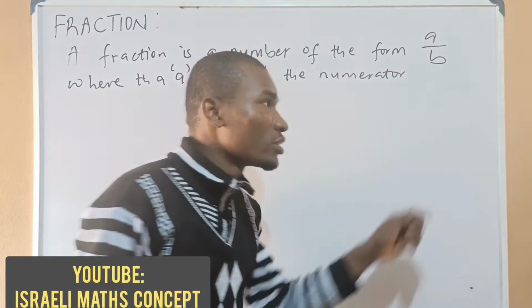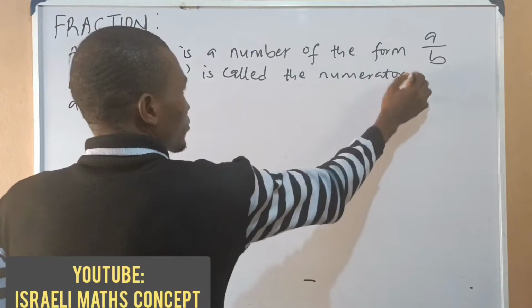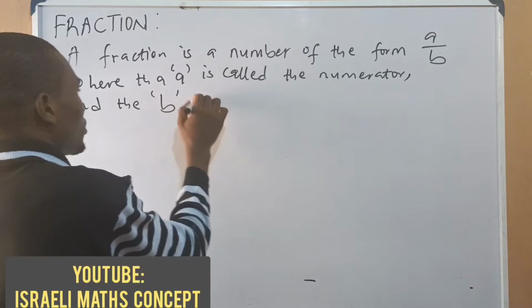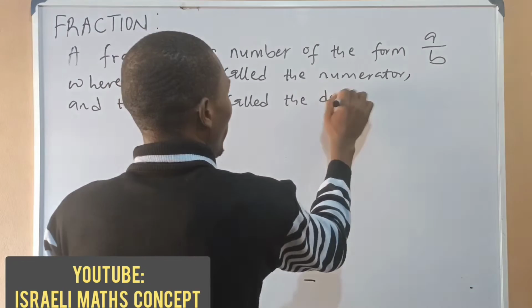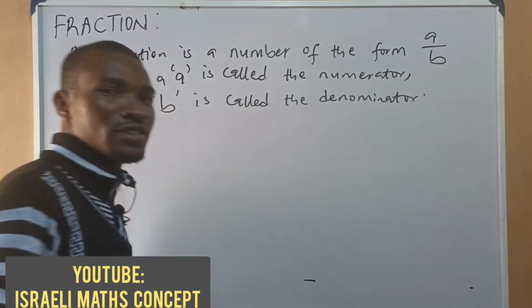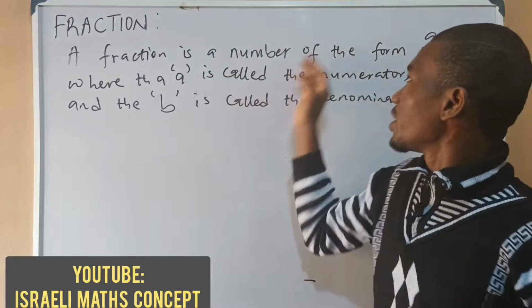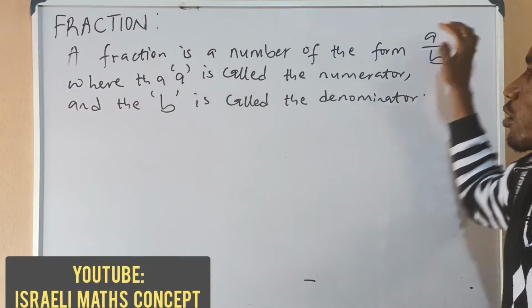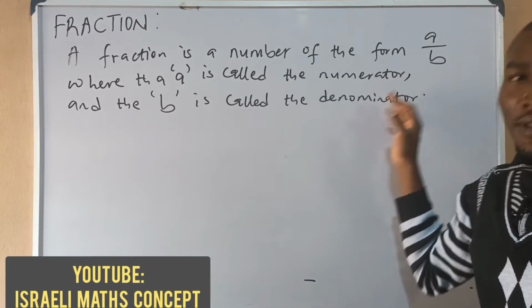That means we call this a the numerator, and the b is called the denominator. All right, basically this is the definition of fraction. We say that a fraction is a number of the form a over b, where the a, that is this a, we call it the numerator, and the b is called the denominator.